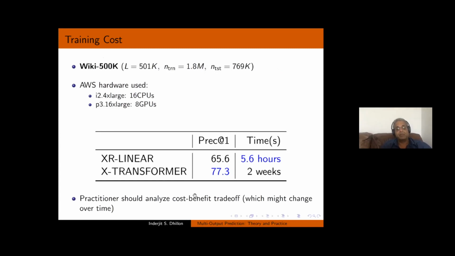What I'm hinting at is that the practitioner needs to really analyze the cost benefit trade-off as to what method they should use. And of course that can change with changing hardware and changing models. If you can get more efficient BERT models and so on, this cost benefit trade-off can change.